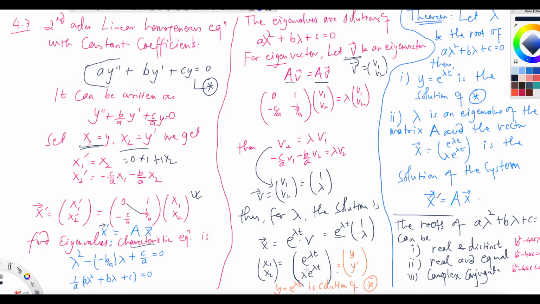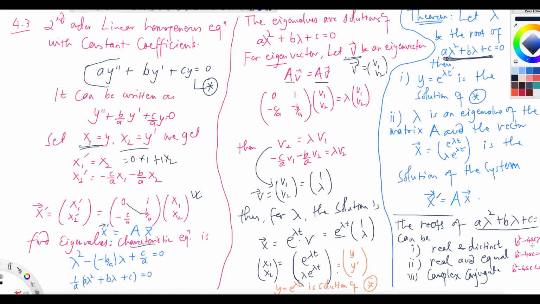Now we see that lambda is the root of this equation, right? So there may be more than one lambda, or a repeated lambda. So what are the possibilities of lambda? The roots of this equation, a lambda square plus b lambda plus c equals 0, a quadratic equation in lambda, can be real and distinct, real and equal, or complex.